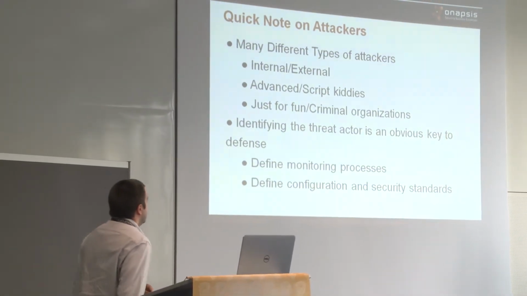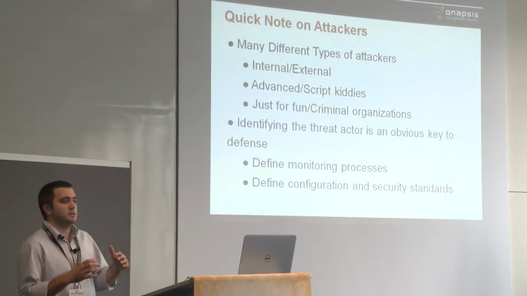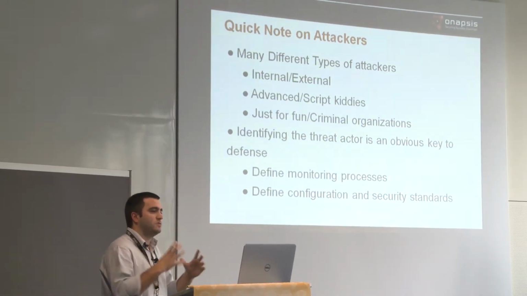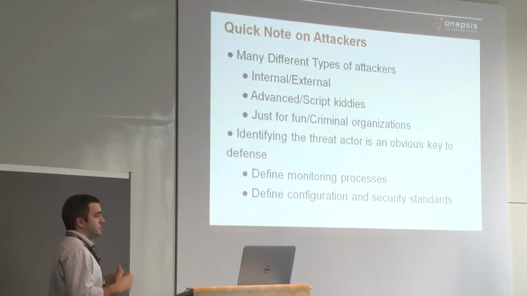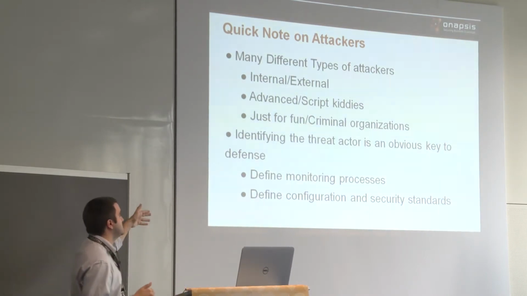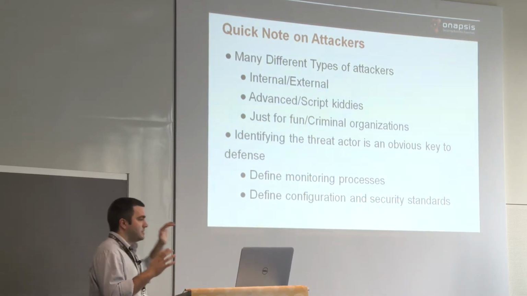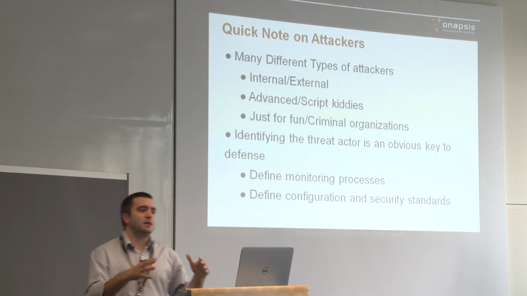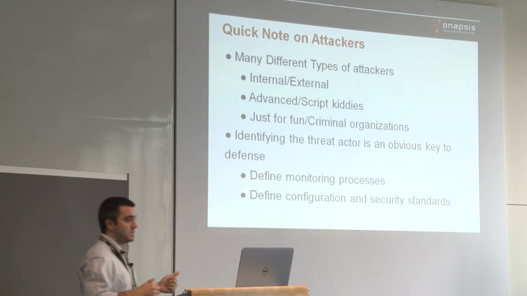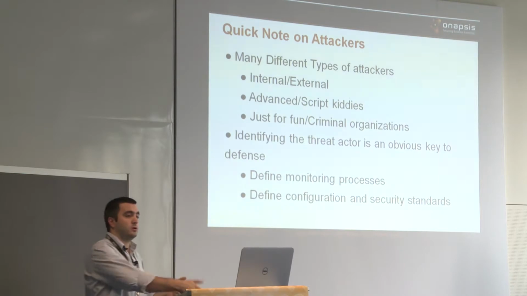Yeah, basically those slides are an introduction to understand the upcoming attacks and techniques that we're going to talk about. So, a quick note on attackers. We said that this is not an ordinary SAP system. This is a system that is creating reports and consuming information. So yes, you definitely have the typical scenarios with internal or external attackers, advanced attackers or script kiddies, criminal organizations, but the primary attacker of this kind of solution is going to be either the internal attacker or potentially a competitor who wants to modify the behavior or get the information.